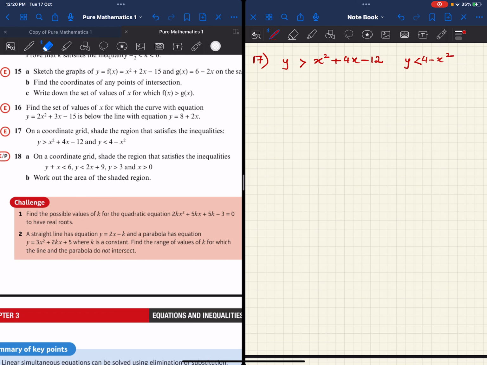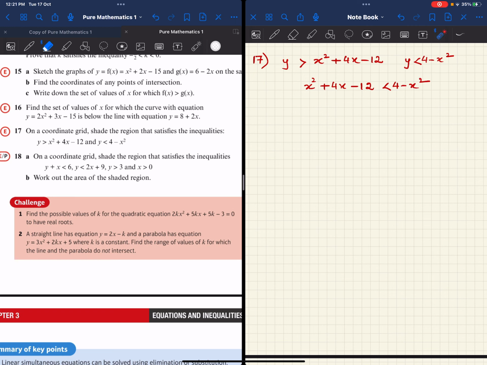Since both of them have a y and an inequality sign, this one is smaller than y, and this graph has to be greater than y. So basically this one has to be greater than this one because both of them have y on the left hand side. So we can rewrite this as x squared plus 4x minus 12 is less than 4 minus x squared.